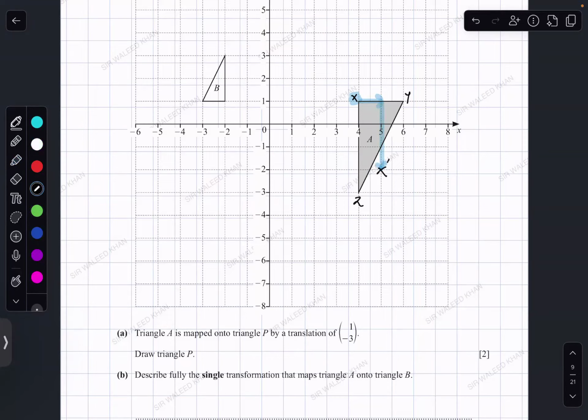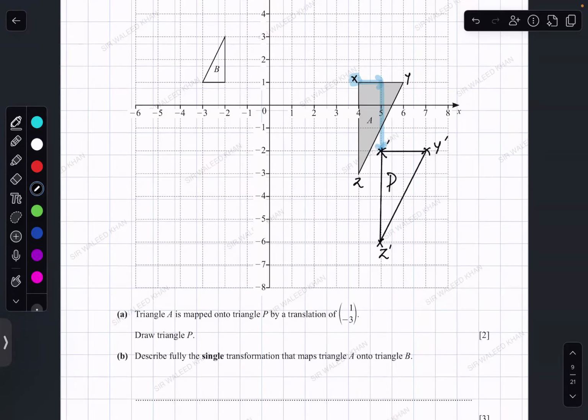This is X. Then Y prime, 1 to the right and 3 downwards over here. This is Y. The image of Y. Then the image of vertex Z will be 1 to the right and 3 downwards. Z prime. Just join it like this. That's your triangle P.